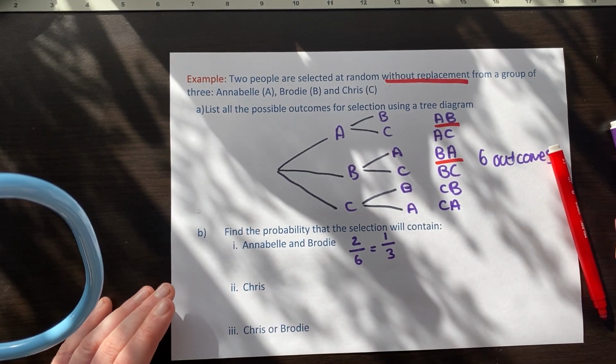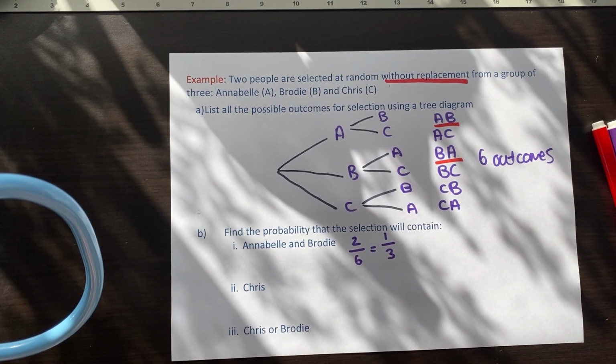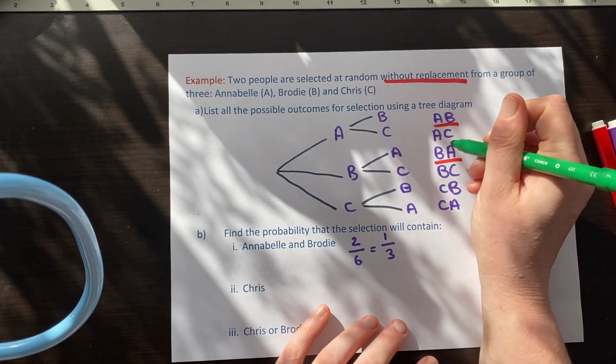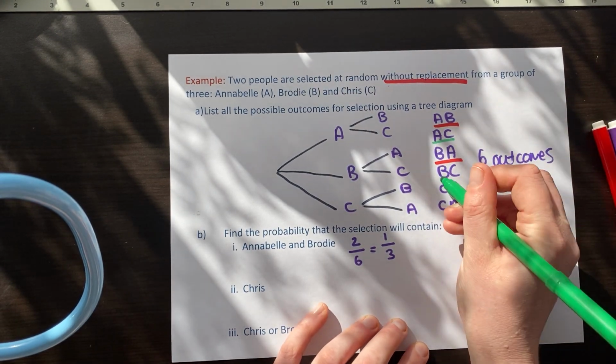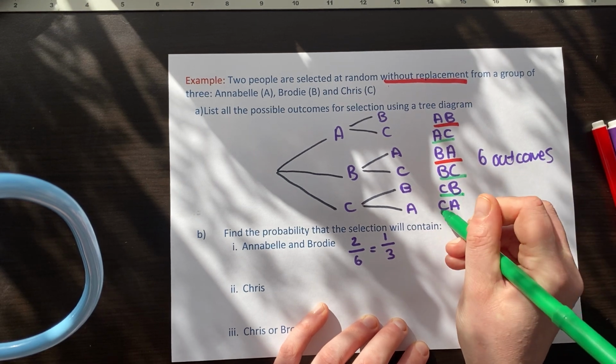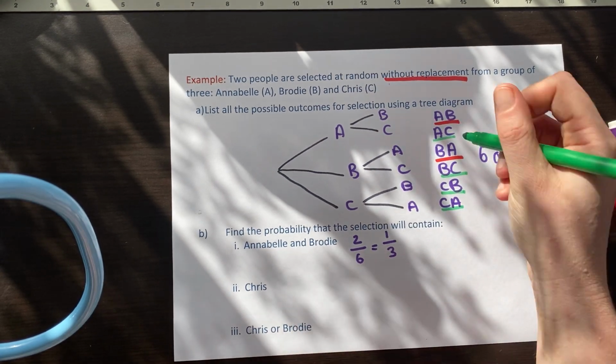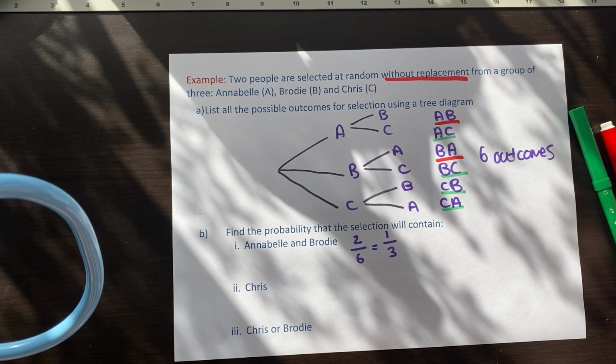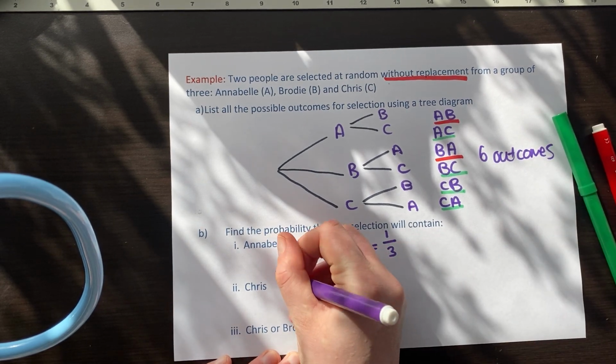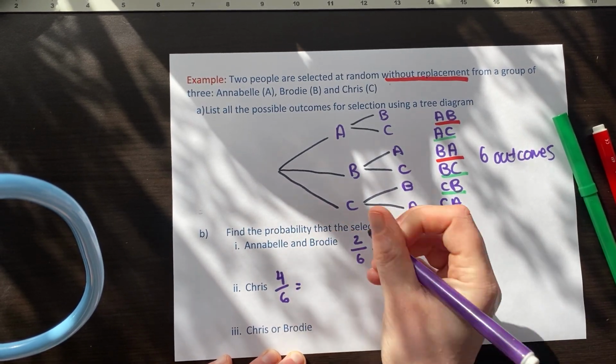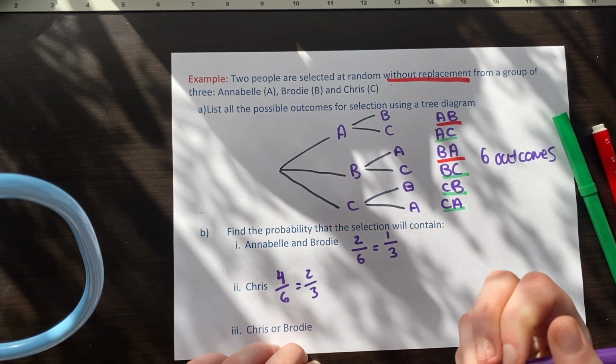Our next one is find the probability that a selection will contain Chris. We look for all our selections with Chris. We've got 1 there, 2, and there. So we've got 4 all up with Chris in it. That's 4 out of 6, and that can be simplified to 2 out of 3.